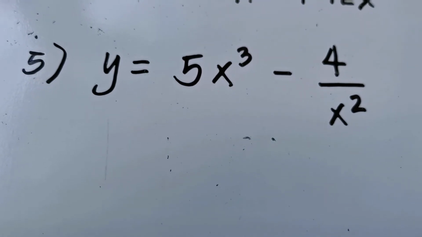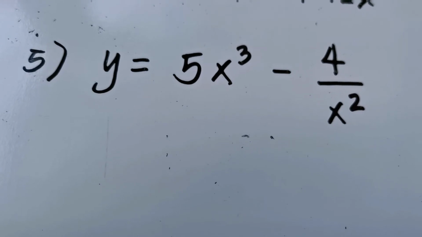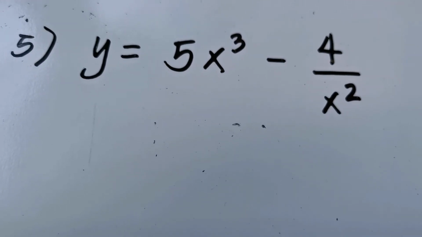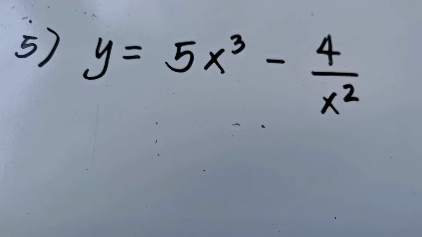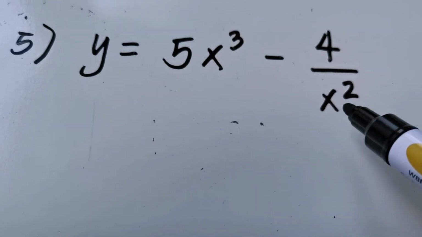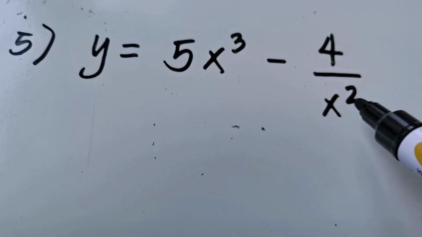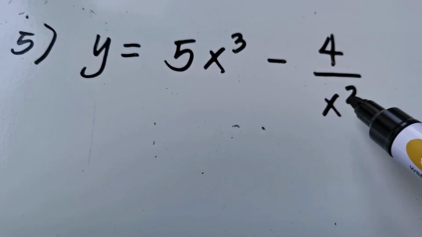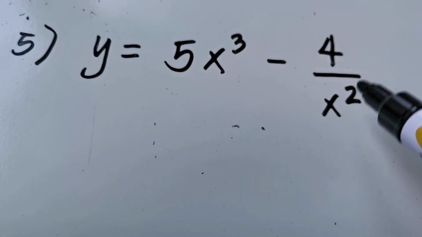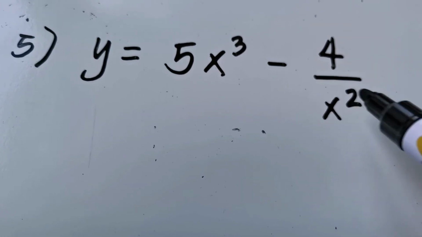We are now in our fifth example. We have y is equal to 5x cubed minus 4 over x squared. So we have here a denominator. We can write this fraction without the denominator.